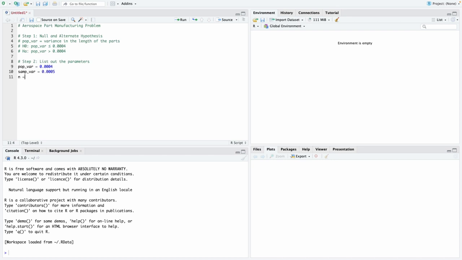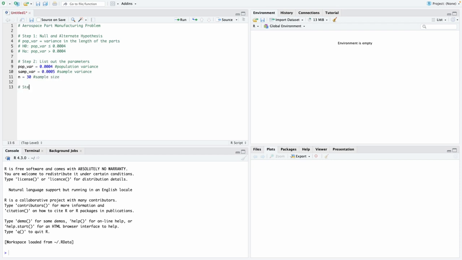The next one is our sample size, which is 30, right? I'm just going to put some stuff here so you know what they mean. So population variance, this is sample variance, and this is sample size.